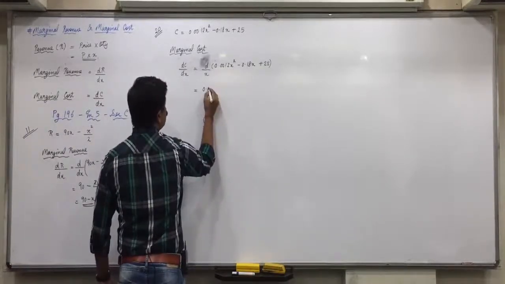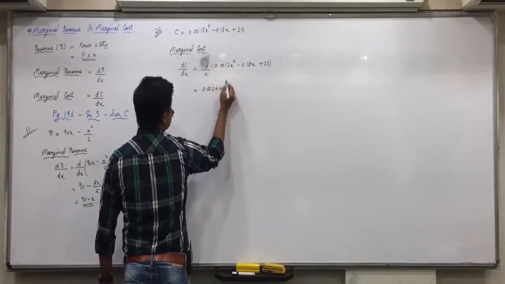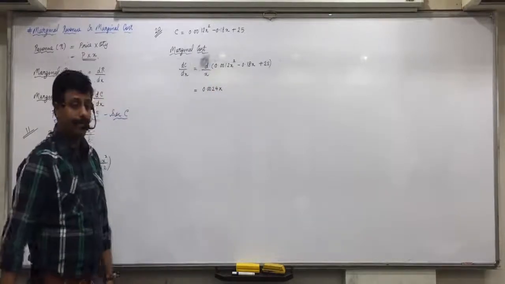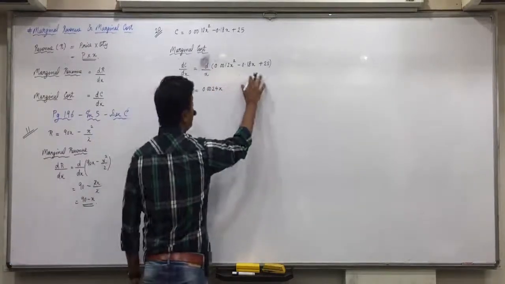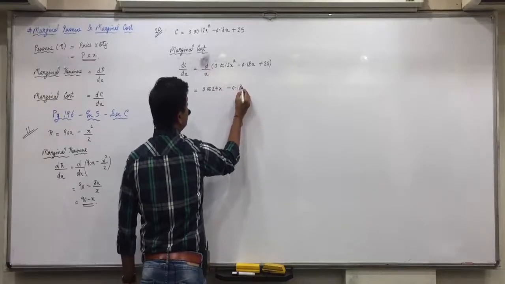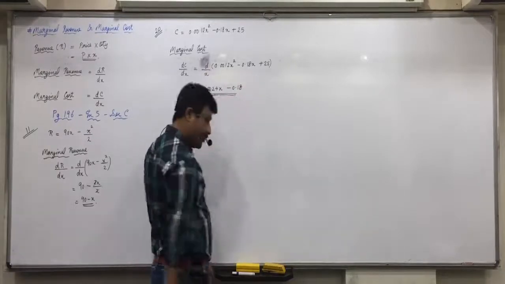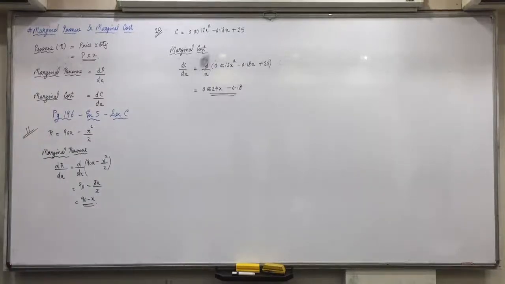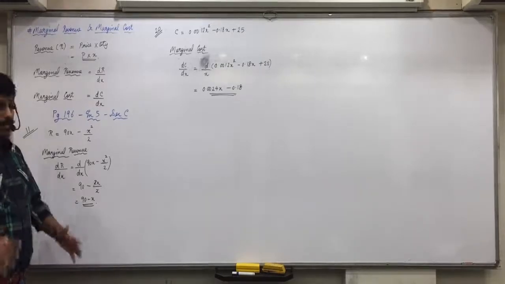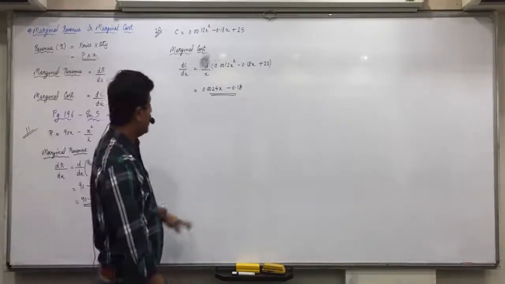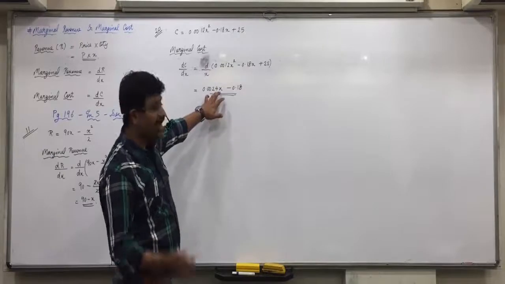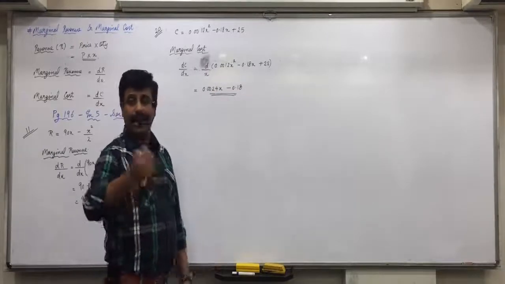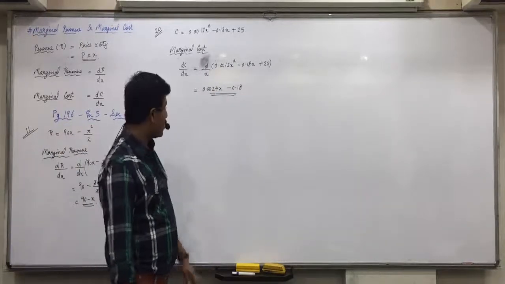0.0012 into 2 is 0.0024, x to the power 2 minus 1 becomes x. And minus 0.18x simply becomes minus 0.18. Did you understand this? So there is the marginal cost. Again, suppose the value of x is given, let us say 10,000. At 10,000 units, what would be your marginal cost?